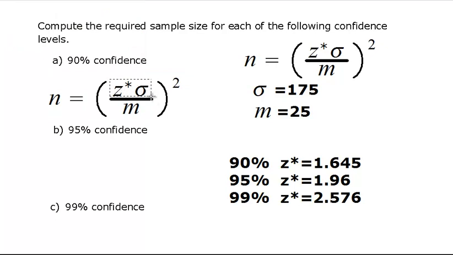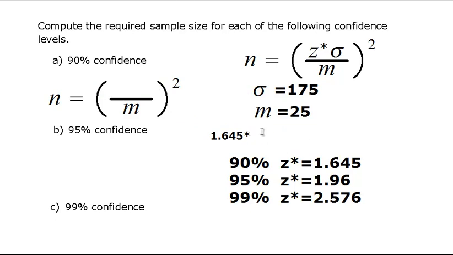So here, let me write it here and then I'll take it in there: 1.645 times the standard deviation, 175. Sorry, I made a mistake.